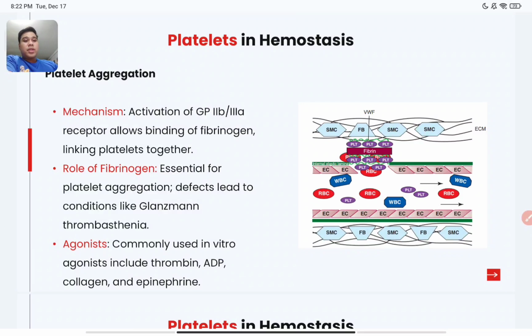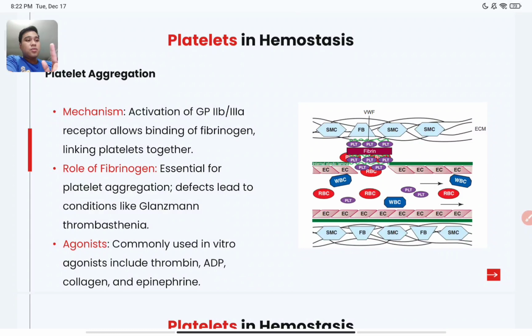So the role of fibrinogen, it's essential for platelet aggregation, and defects lead to conditions like Glanzmann thrombasthenia. So commonly used in vitro agonists include your thrombin, ADP, collagen, and epinephrine, because these molecules are well known to activate platelets. So platelet activation leading to platelet aggregation. So you need ADP, thrombin, collagen, epinephrine to aggregate now your platelets.